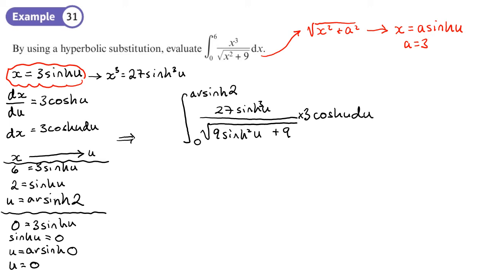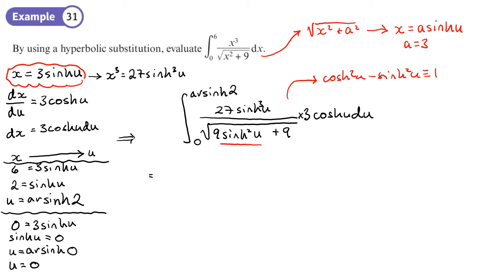Now for the sinh squared u at the bottom, we're going to use the identity cosh squared u minus sinh squared u is equivalent to 1. That means we can replace sinh squared u with cosh squared u minus 1. So let's put that in. That's our next step.